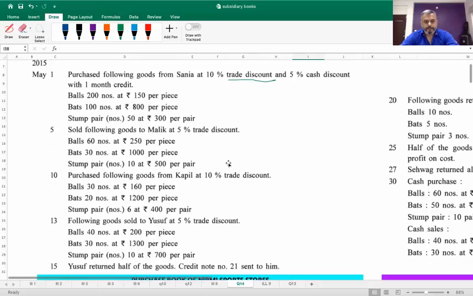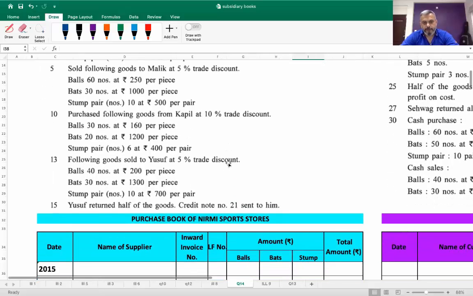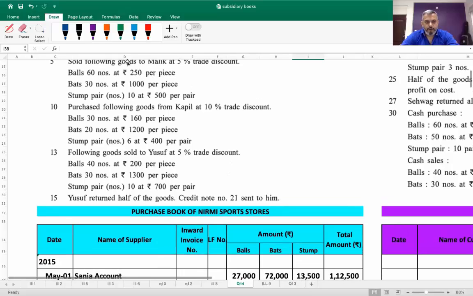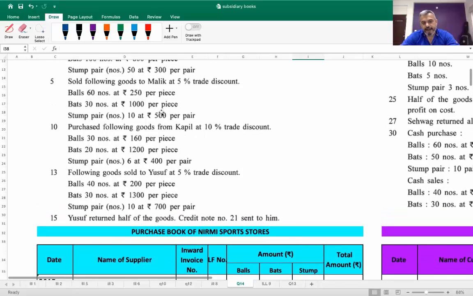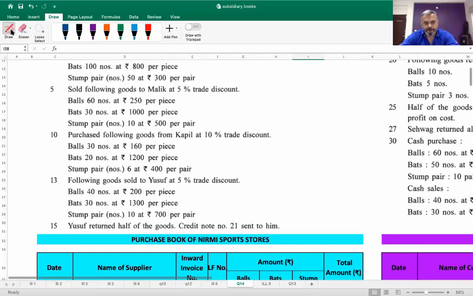Next, sold following goods to Malik at 5% trade discount. Balls 60 at 250 per piece, bats 30 at 1000 per piece and stump 10 at 500 per pair. Now underline the 5% trade discount.